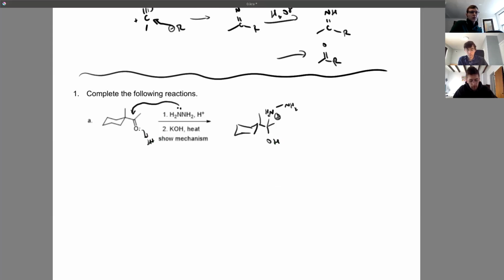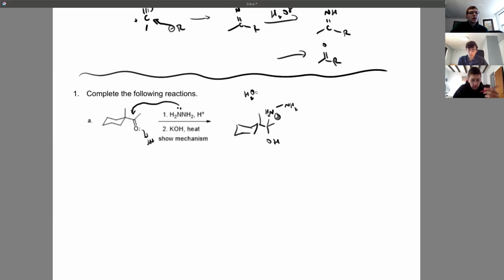Oh, Sophia, is this what you were saying about how it would jump on? That's how it would be protonated. Okay, got it. Keep going on. Well, now what? How do we form the imine? Don't even think about the imine so much. What's the logical next step? So you want to deprotonate from the nitrogen?